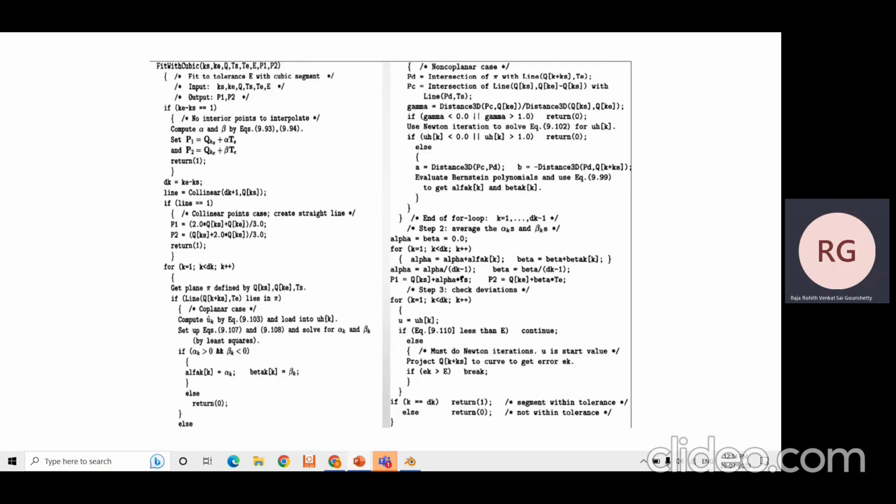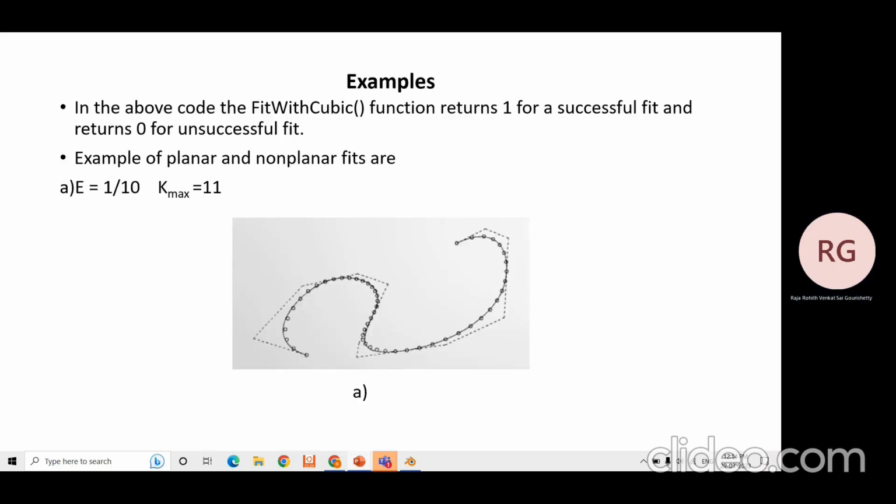If the deviations are not within the tolerance, the function uses Newton iterations to refine the start value of U and project the point onto the curve to obtain the error Ek. If the error Ek is greater than E, the function terminates with an error code. If all errors are within the tolerance, then the function returns success. As discussed, the fit with cubic function returns 1 for a successful fit and returns 0 for an unsuccessful fit.